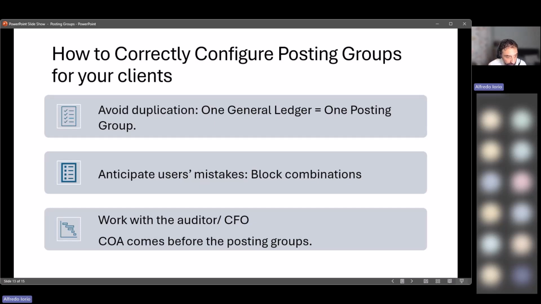which might result in issues, particularly with VAT and tax posting groups. Lastly, probably one of the most important, at least for me, work with the client auditor if they work with an auditor, the CFO, right, the finance manager, because really you can advise your client about posting groups, but ultimately mapping subledgers and transactions to a general ledger, it's the job of the finance manager, the auditor, the chief financial officer.